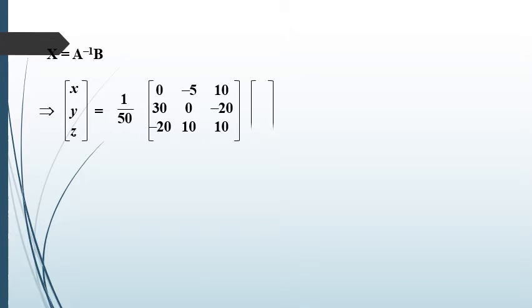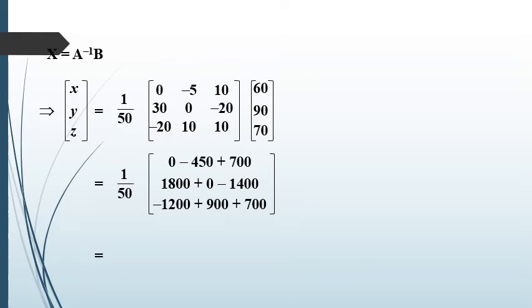Finally we calculate the value of X. So X is a matrix consisting of the three unknown variables. A inverse we have calculated and B is already given, 60, 90 and 70. So on simplifying the two matrices, we get 1 upon 50 into 250, 400, 400.